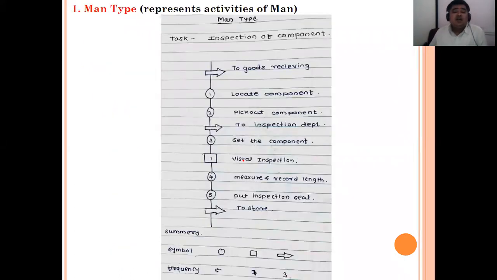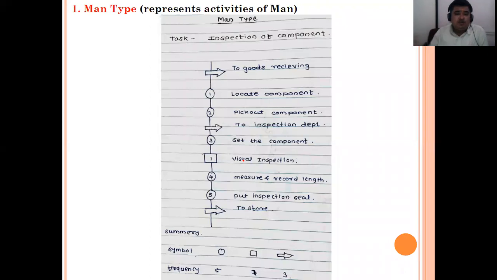So this is the activity. The flow process chart represents the man type. So what is the man type? If a worker is standing at the machine, what activity should he start?